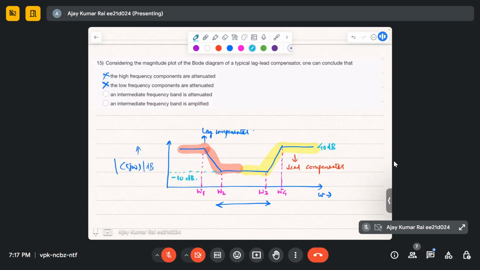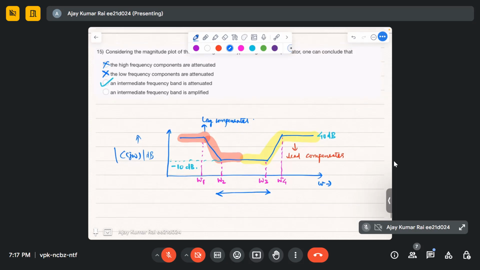So if you add C(s) and P(s), in this omega 2 to omega 3 range, the gain will be reduced by minus 10 dB. So that's why it's attenuating, right? So this statement is true. You can see from the Bode plot also, omega 2 to omega 3, you're attenuating the gain.